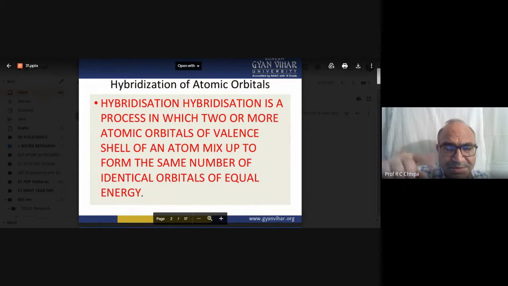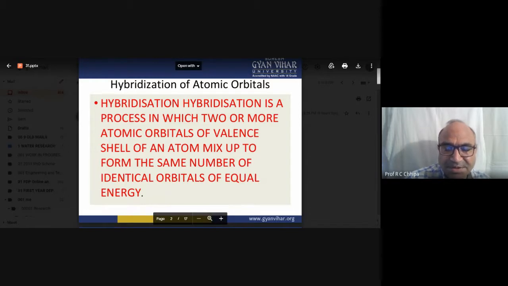Whatever the mixing of anything. Suppose we have four vegetables, and those four vegetables are mixed with each other. Then they mix, their reactions occur, and a new product forms, a vegetable combined from the four different vegetables. Similar to that, here four atomic orbitals undergo the process of mixing, and this mixing is called the process of hybridization.